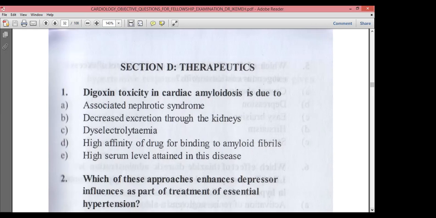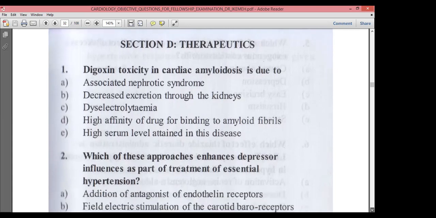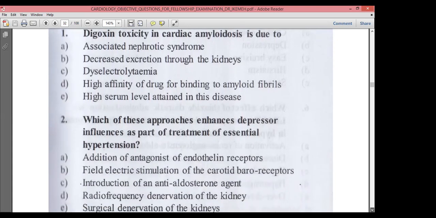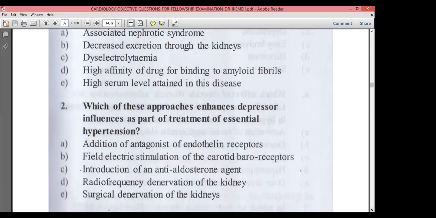And then a study that I came across actually said that the toxicity in them is potentiated by binding of the drug to the amyloid fibrils. So D is the correct option. Please, any comments? No comments.